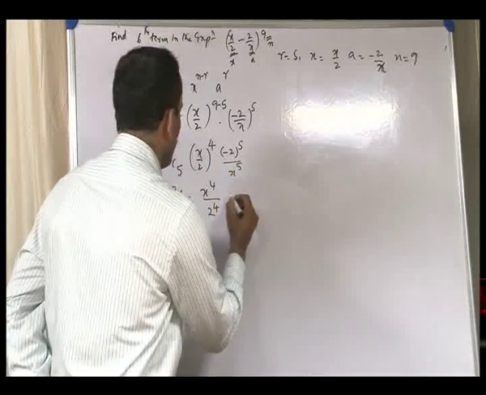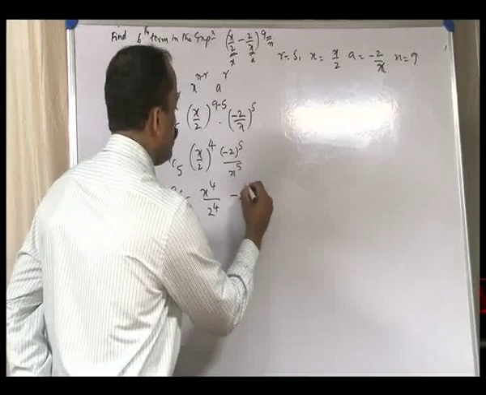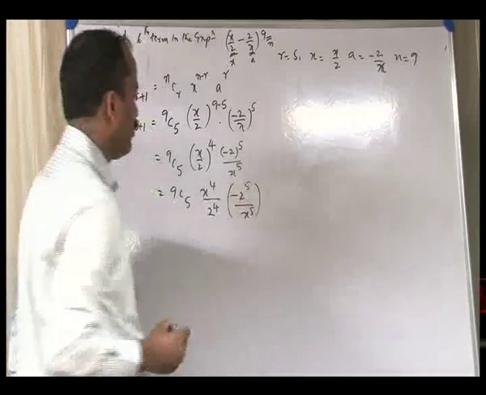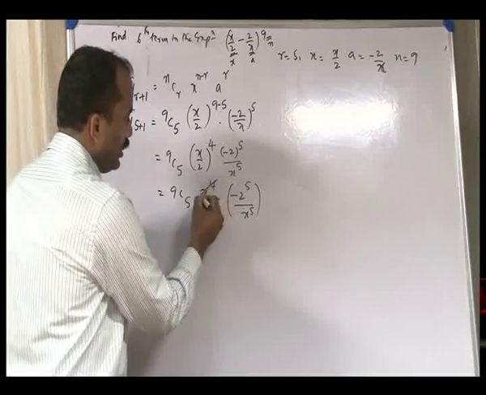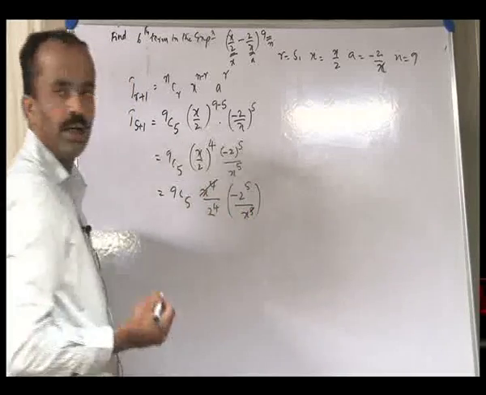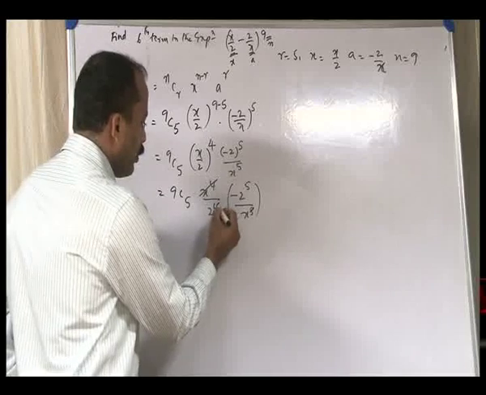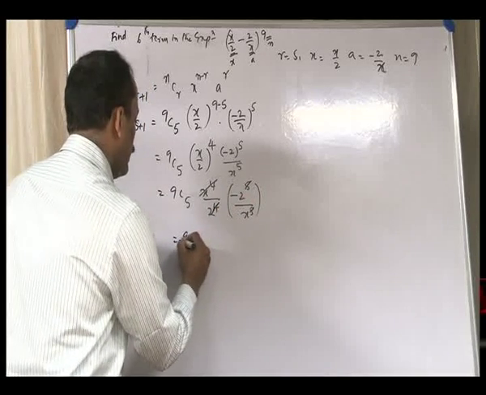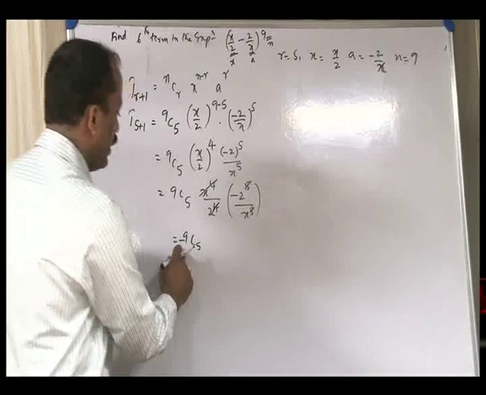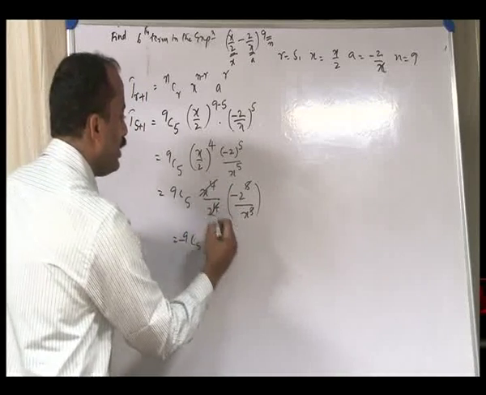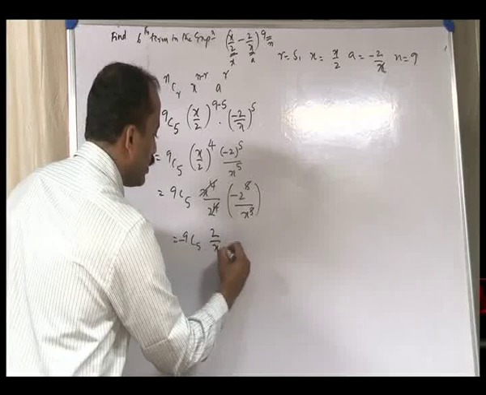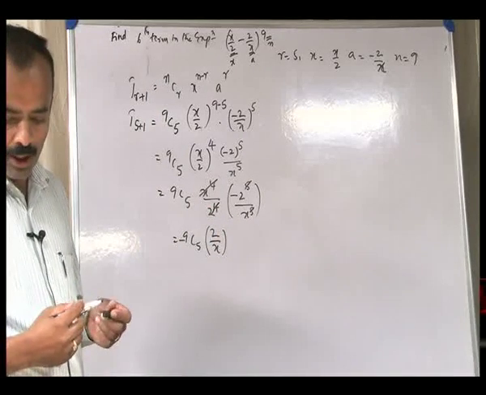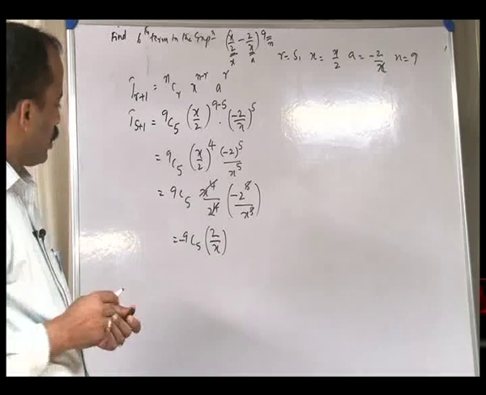So it becomes minus 2 to the power of 5 divided by x power 5. Now, see x power 4 gets cancelled and 2 power 4 gets cancelled. So finally we get minus 9C5 into 2 by x.